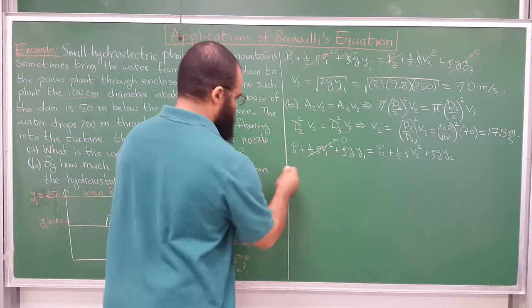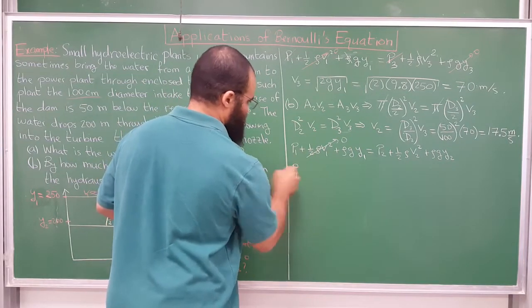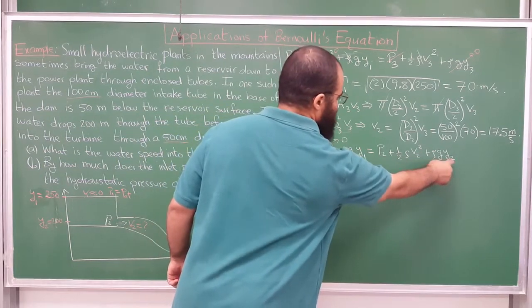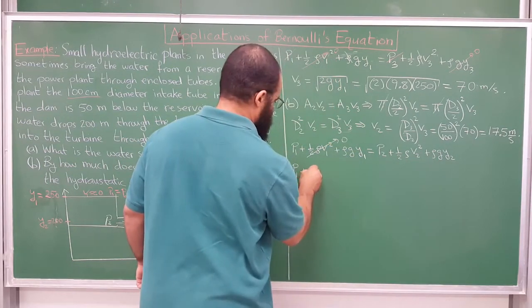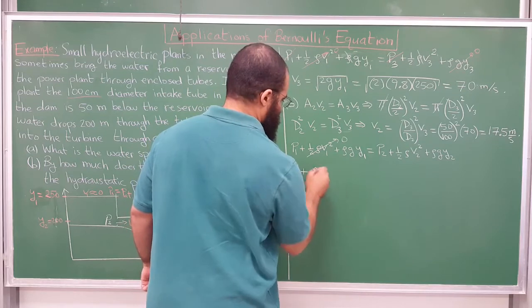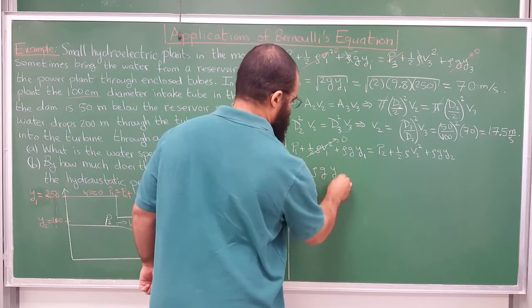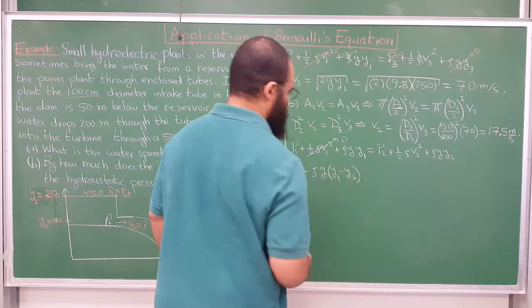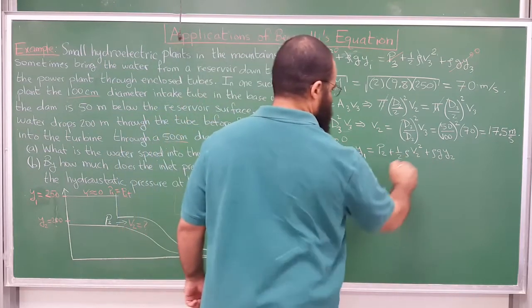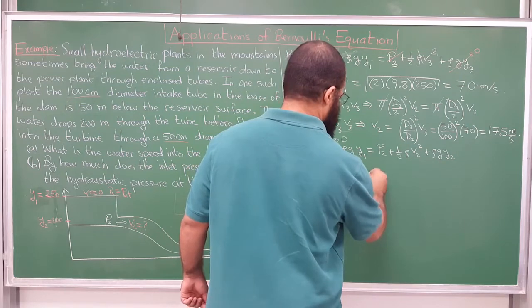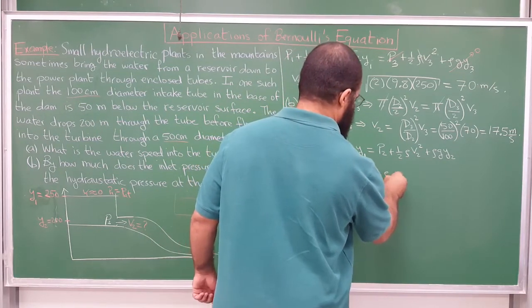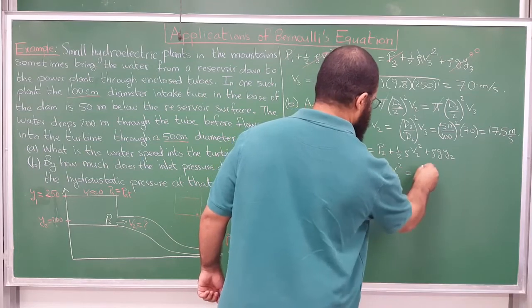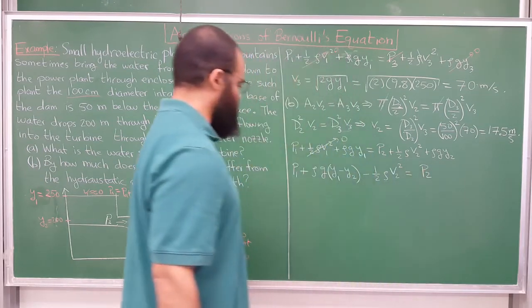So we get P1, and then rho g Y1 minus rho g Y2, that's rho g times (Y1 minus Y2), and minus 1/2 rho V2 squared, equals pressure 2.